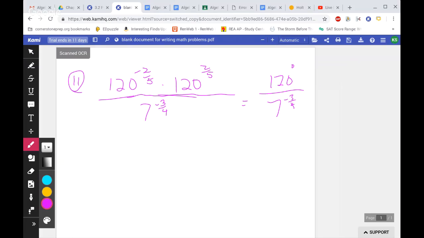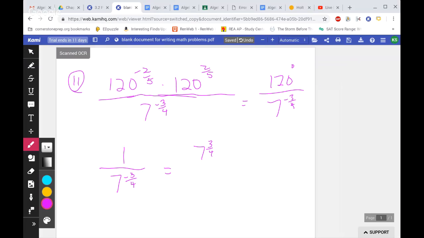And anything, literally anything in this whole wide world raised to the 0 power is 1. So then we have 1 over 7 raised to the negative 3/4 power. And when there's a negative in the denominator, it flips to the numerator. So now you have 7 raised to this 3/4, and you're done.